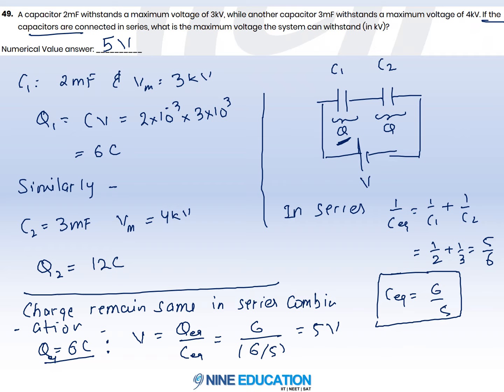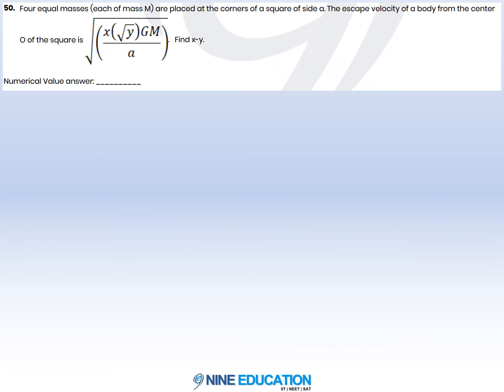Okay. Now coming to this question, four equal masses each of mass M are given on the corners of a square of side A. So what we have to find? Escape velocity. So how we can find? Suppose this is the square and four equal masses.